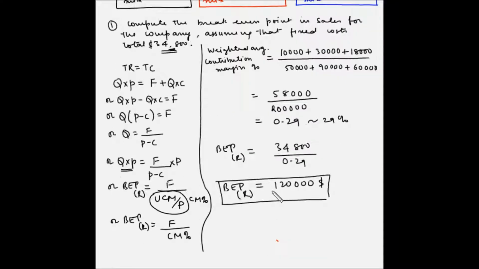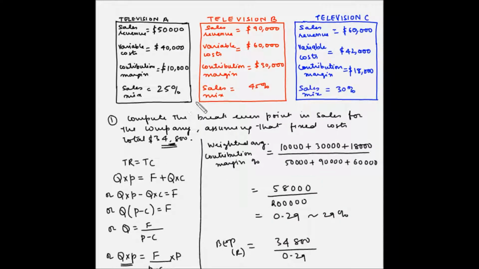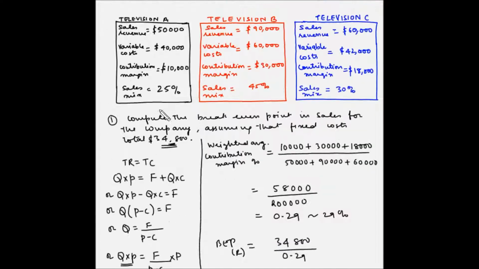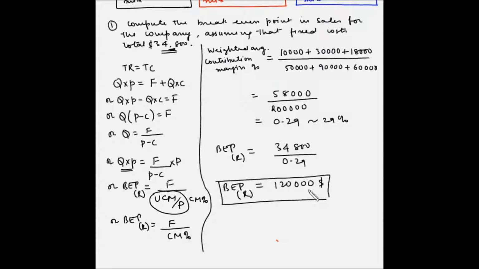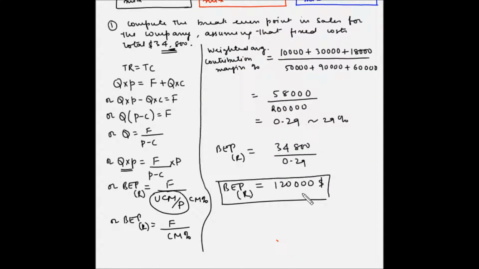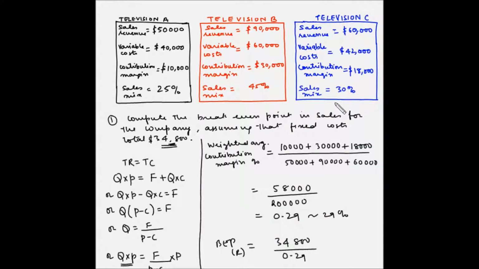Now if we have to find out the individual break-even points for A, B and C, then we just have to take out the sales mix percent from this break-even point. That is 25% of $120,000 is the break-even point in terms of revenue for television A. 45% of $120,000 will be the break-even point revenue for television B, and 30% of $120,000 will be the break-even point revenue for television C.